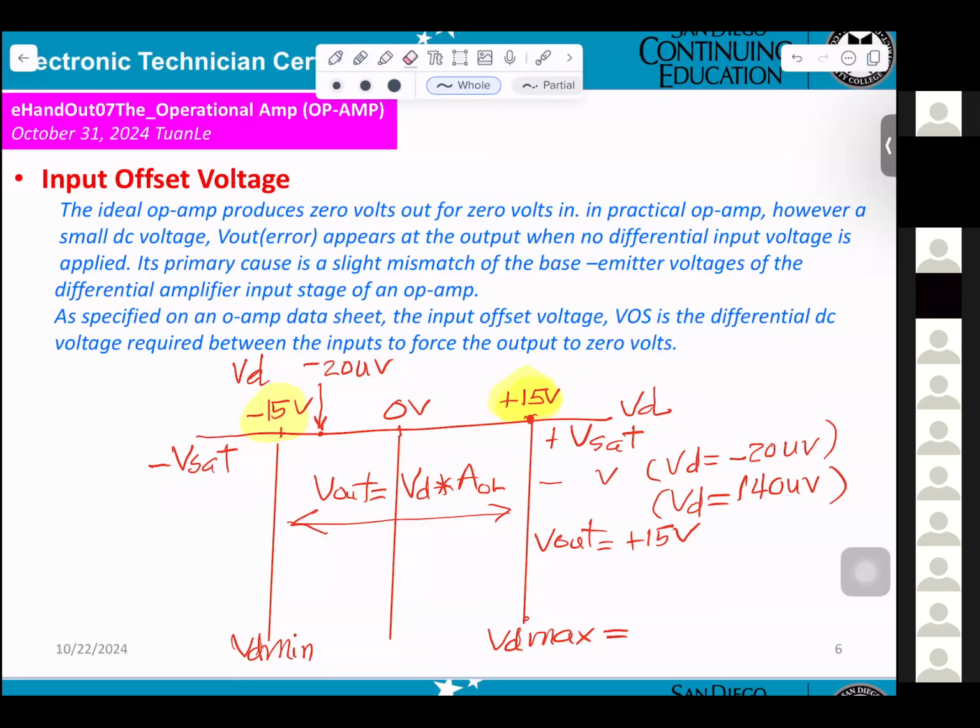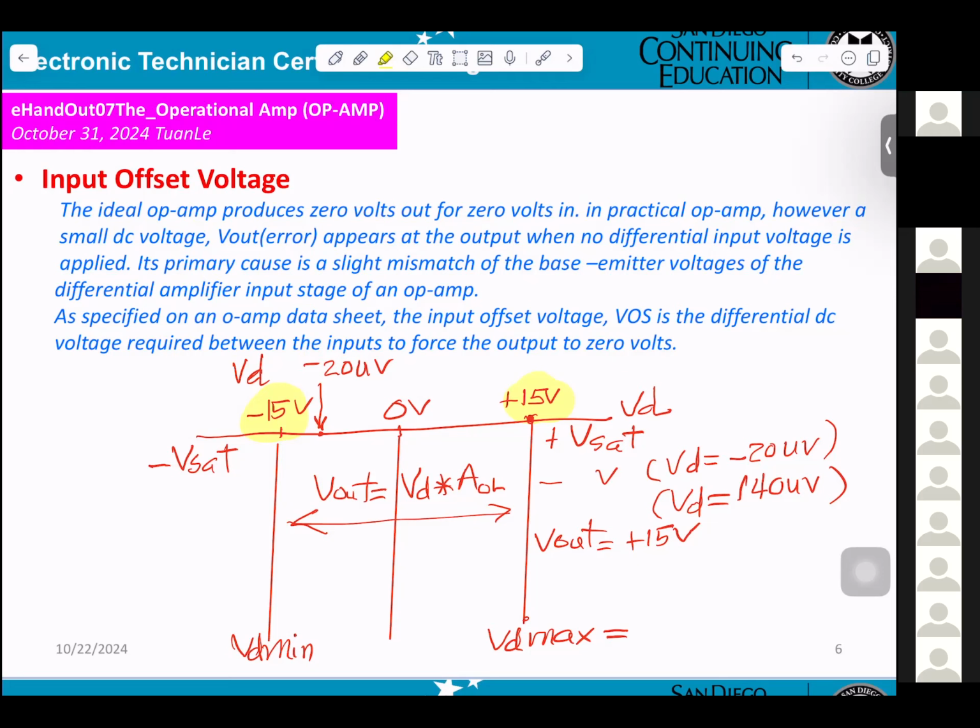And since the op-amp is saturated and they are higher than 15, the output has to be equal to 15 volt. If you calculate the V out as lower than minus 15, that means the op-amp is saturated, and it has to be equal to minus 15.